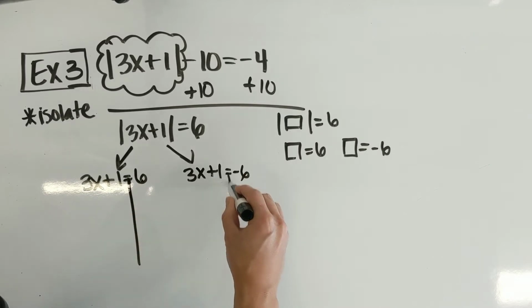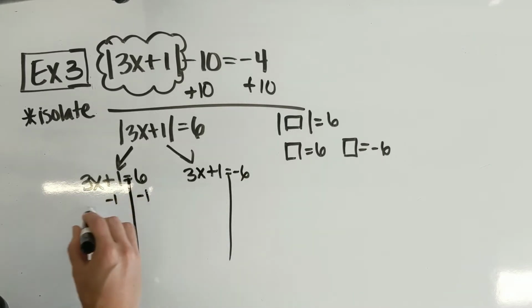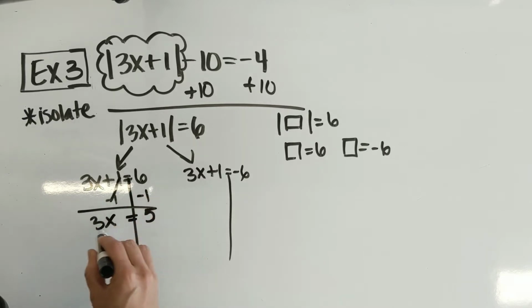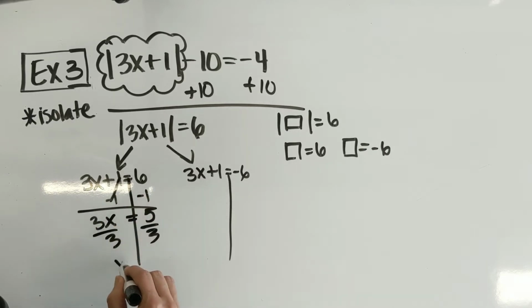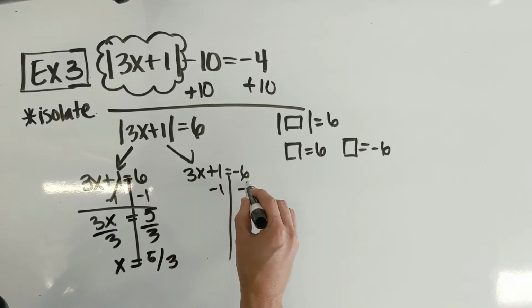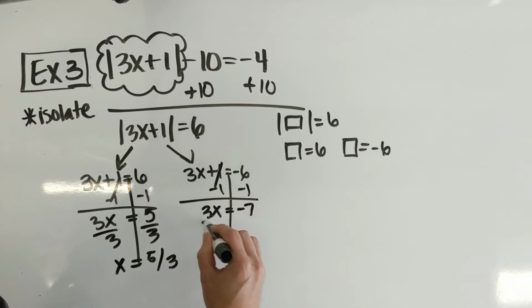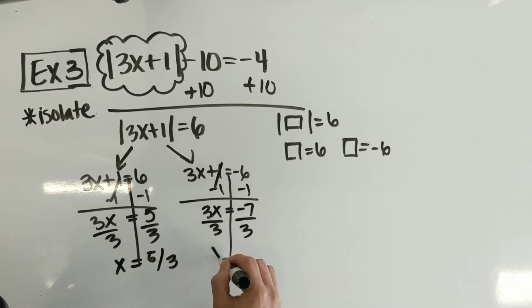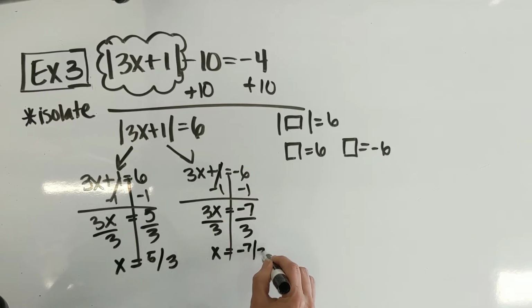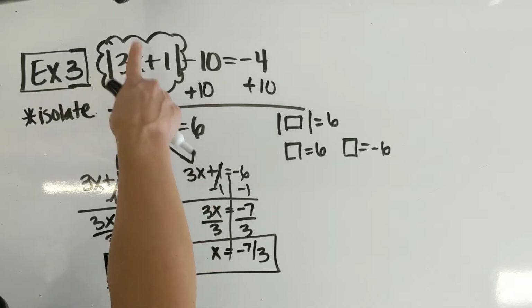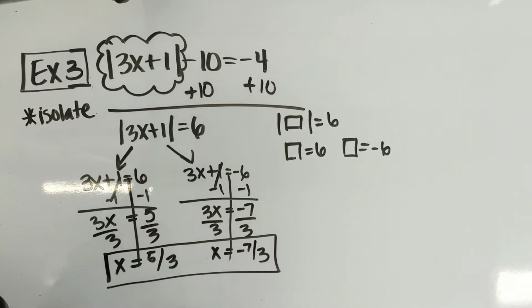I can solve each of these using inverse operations, just like we've done in the past. So we end up with x equals 5/3, or x is equal to negative 7/3. These are the two values that when substituted back into our equation will give me a true statement.